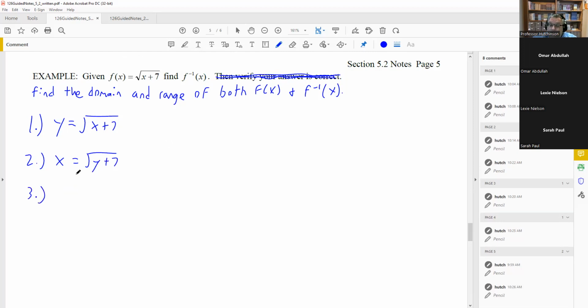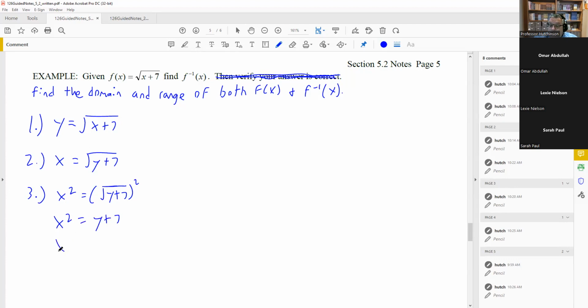Step number 3, we want to solve for y. In order to do that, we have to square both sides here. So x squared is equal to y plus 7.